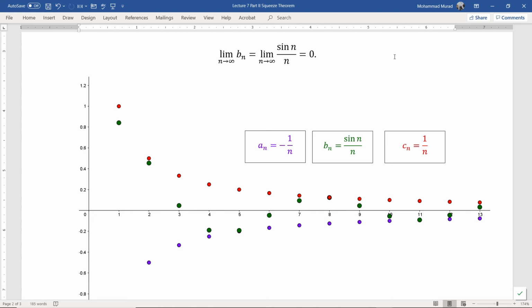So since a sub n and c sub n are approaching 0, by the squeeze theorem, the sequence b sub n will also approach 0.